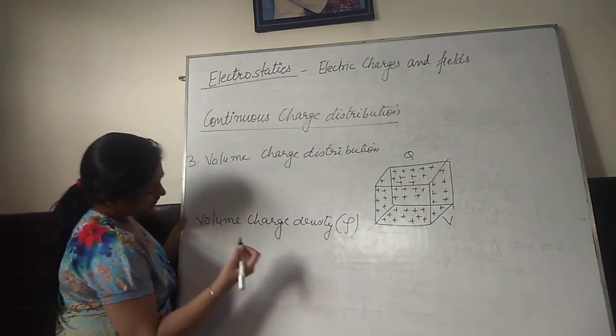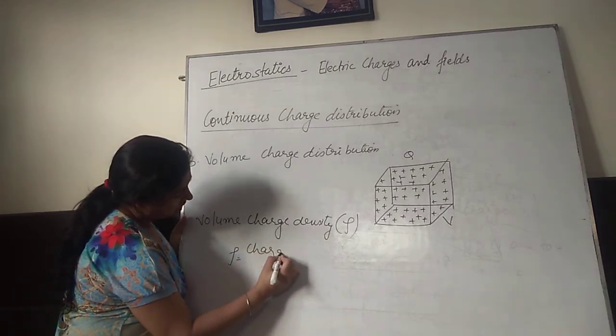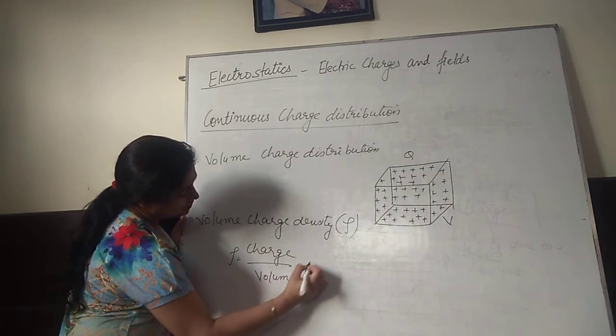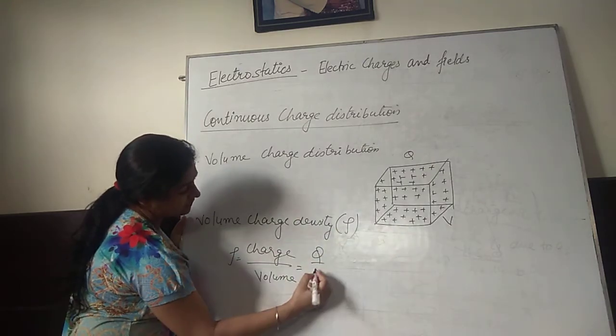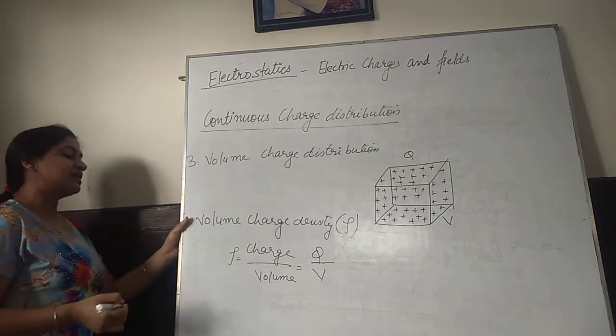So here also you can define it yourself. Rho would be charge per unit volume. So this is total charge, that is Q, and total volume of the body on which it is distributed, that is V.